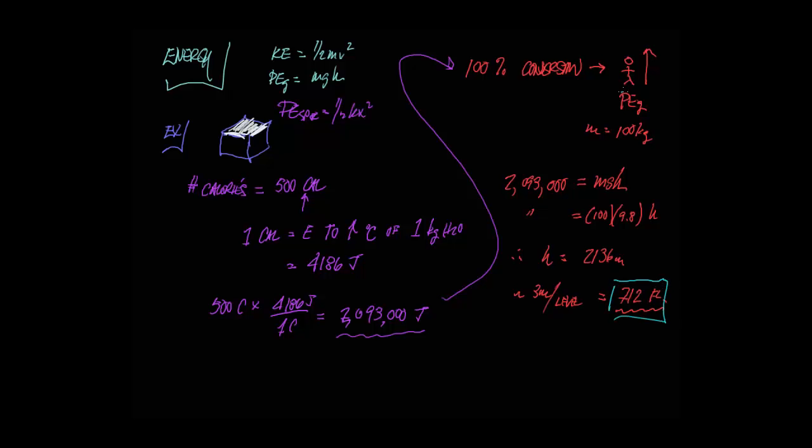Or another way of thinking about it, I'm not sure how correct this is, but I think it's alright, is if we were going to burn this off by going vertically, if we did the work to move our body 712 floors, we would burn off that entire brownie of 500 calories.